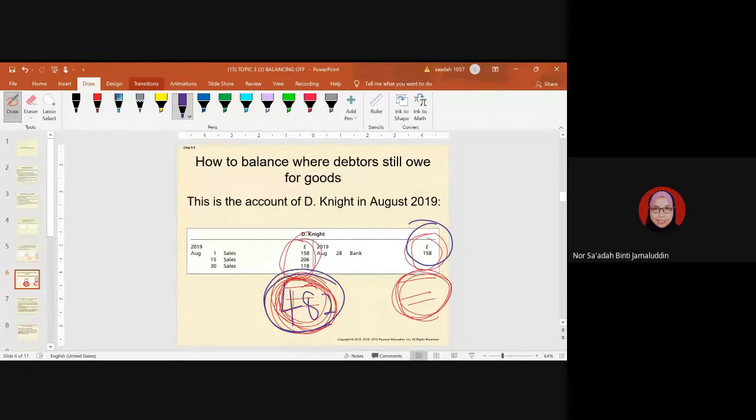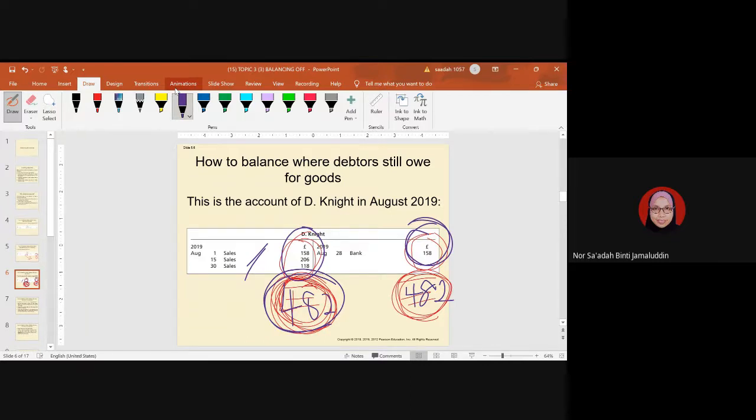So the figure here you must take the greatest amount between the debit and the credit side. Amount yang paling besar antara debit dengan kredit sebagai pengimbang. So, debit side tak ada masalah. Okay, no problems with the debit side.